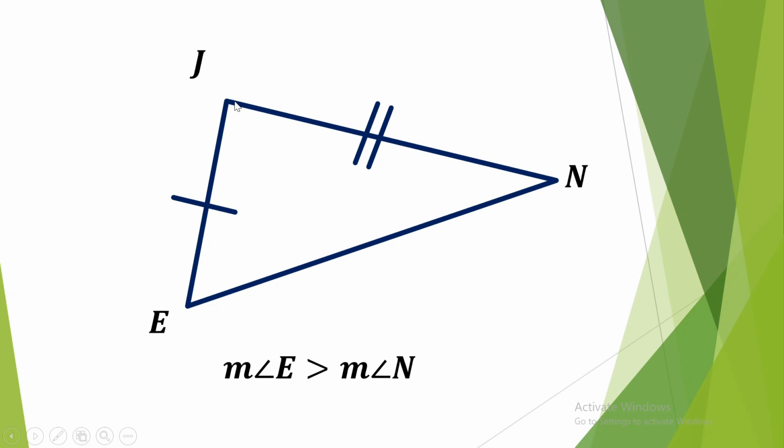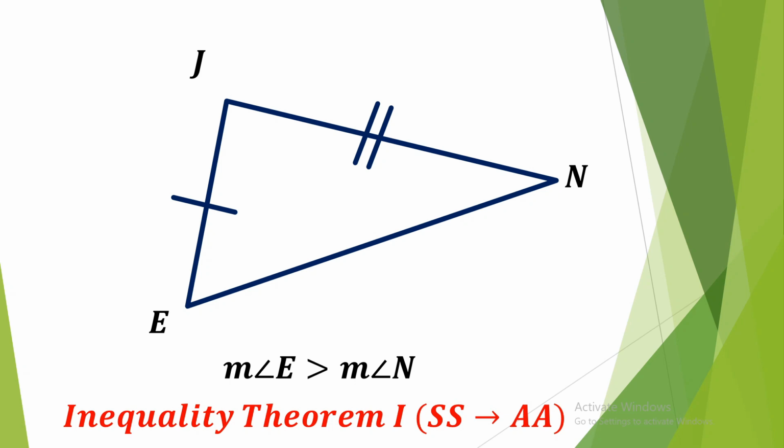So since segment JN is longer than segment JE, then it follows that the opposite angle of segment JN is greater than the opposite angle of segment JE. So we have measure of angle E is greater than the measure of angle N. That is by the inequality theorem 1 or the side angle inequality theorem.